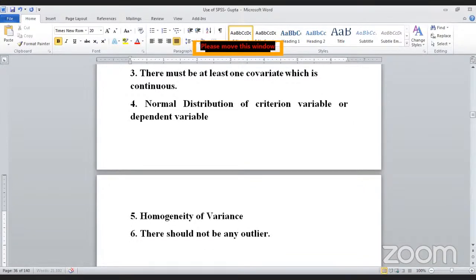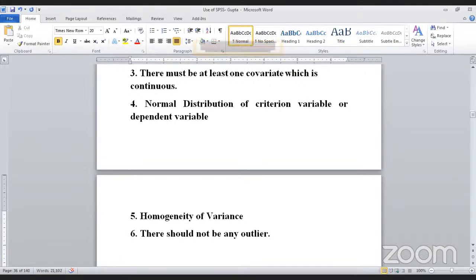So these are the assumptions which must be fulfilled by your data if you decide to analyze it with the help of the two-way ANOVA.